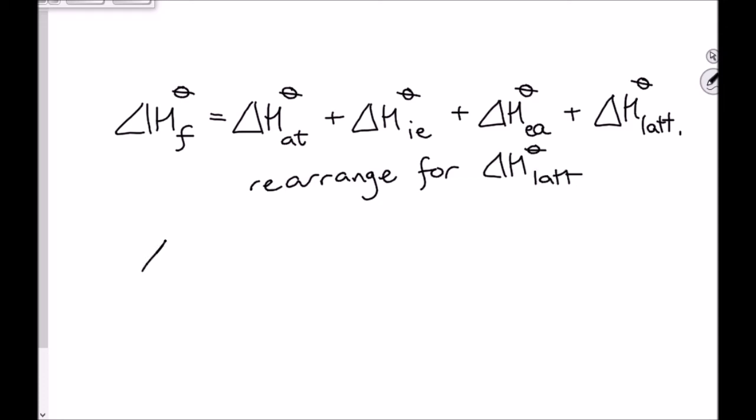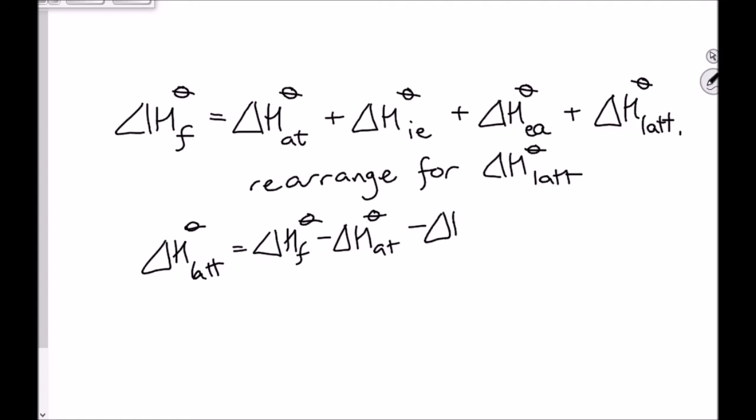The enthalpy change for lattice energy is equal to the enthalpy change for formation, take away the enthalpy changes of atomization, then the enthalpy change for ionization energies, and finally the enthalpy change for electron affinity.